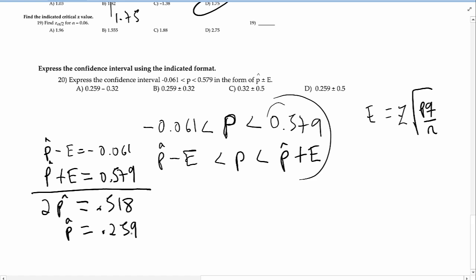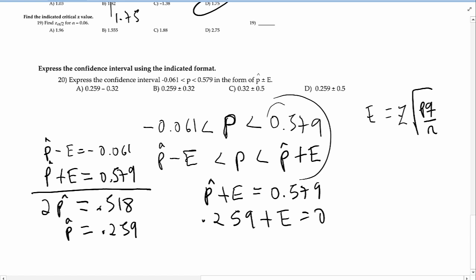All right, 0.259. Once we have it, we need to find e. So we can use one of these equations. For example, let's use p hat plus e is equal to 0.579. We know that p hat is 0.259 plus the margin of error is equal to 0.579.